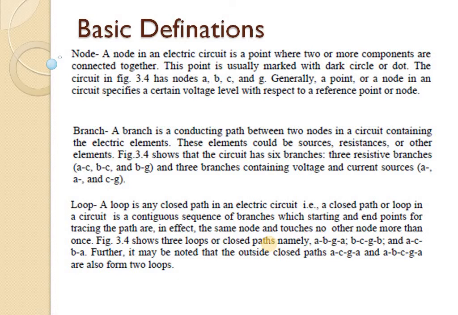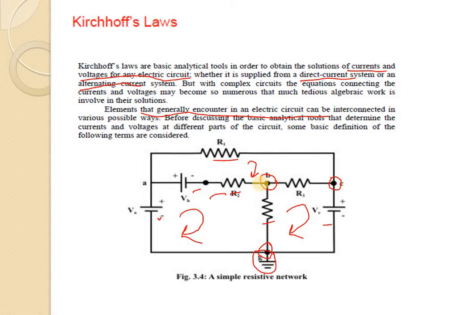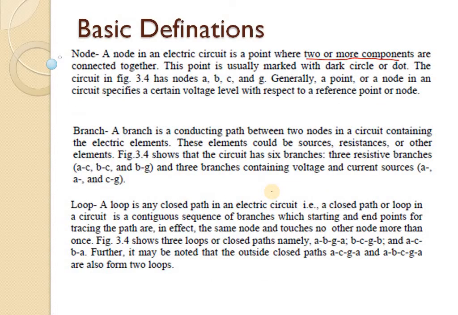A node in an electric circuit is a point where two or more components are connected together. Previously I have already highlighted that part. What is a node? Where several components or branches are connected together. Second one is branch. A branch is a conducting path between two nodes in a circuit containing the electrical elements.